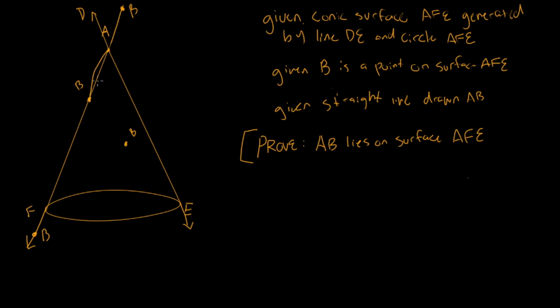So in this case, what we would have is basically two straight lines drawn. One which is a line drawn AB, which was the generating line revolving around this circle, and then another one is this supposed straight line AB, in which the only points that lie on it are the points A and B.